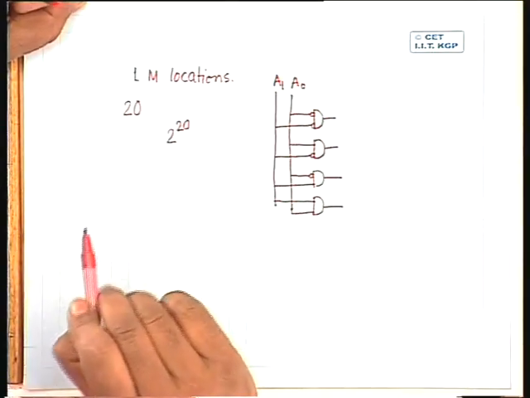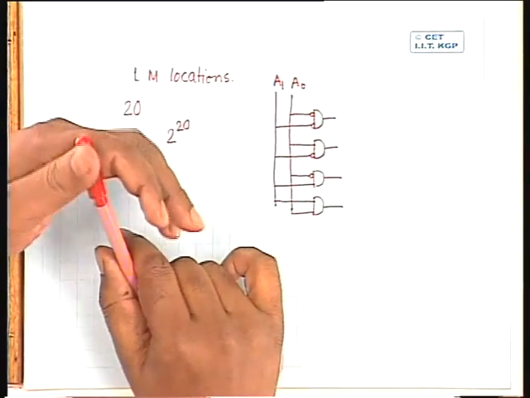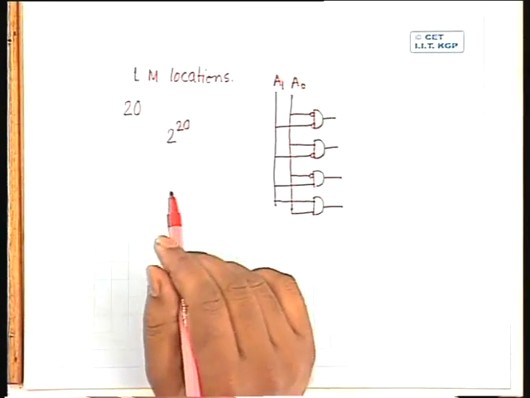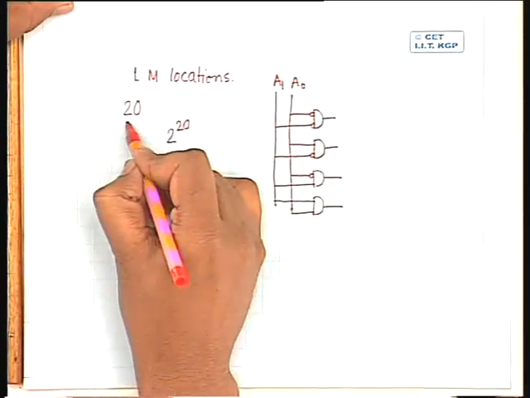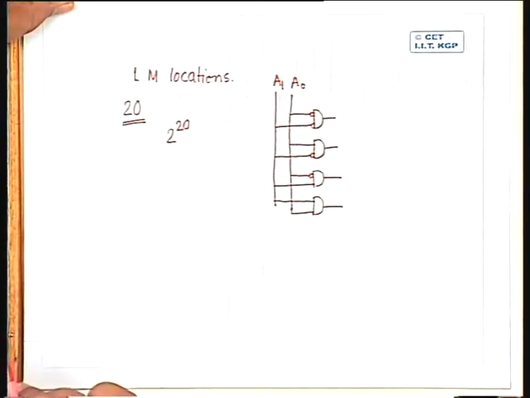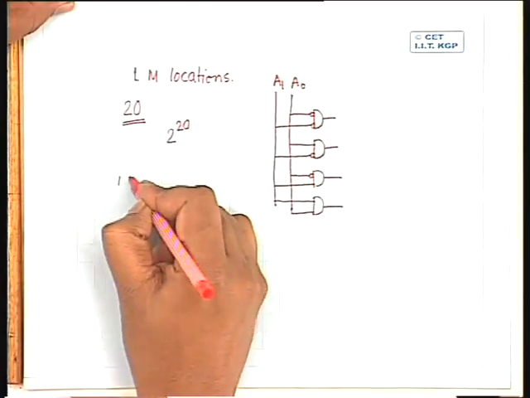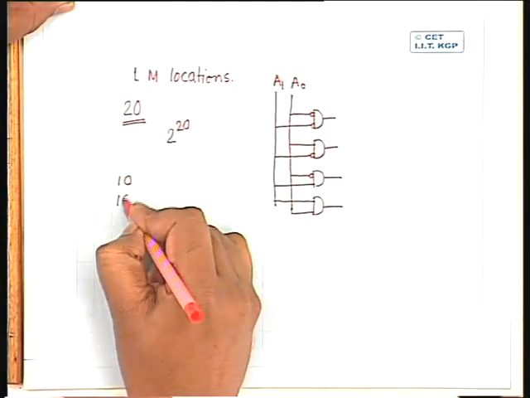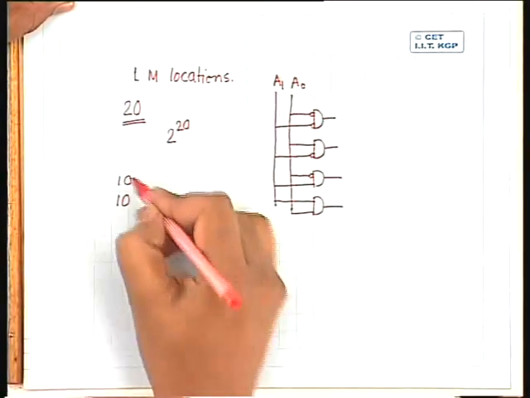So instead of doing this, we break the address into 2 components. These 20 address lines I break into 2 groups, 10 each.